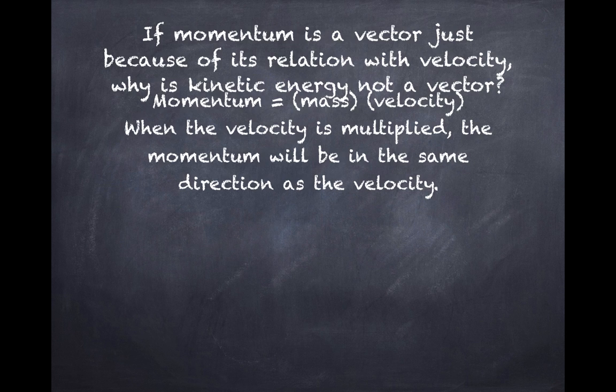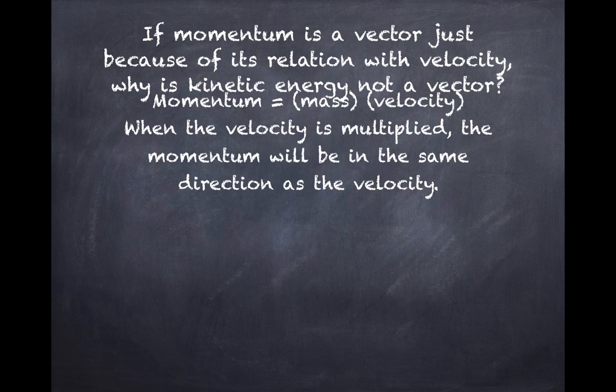If momentum is a vector just because of its relationship with velocity, why is kinetic energy not a vector? Can any of you predict or say out loud the formulas of kinetic energy and momentum? Anybody? I'm going to give you some time. Okay, momentum is mass times velocity, as mentioned above. When the velocity is multiplied, the momentum will be in the same direction as the velocity.